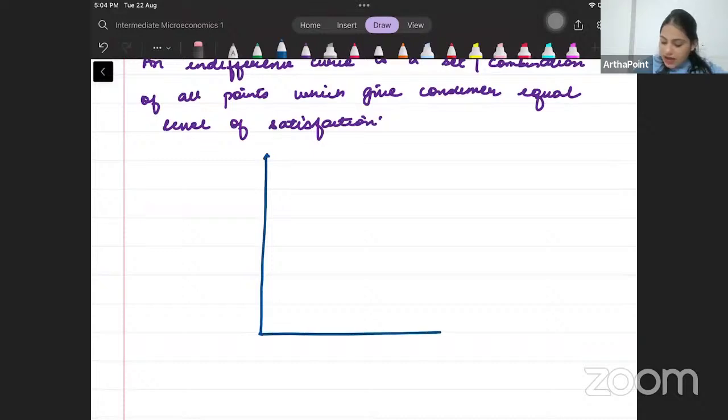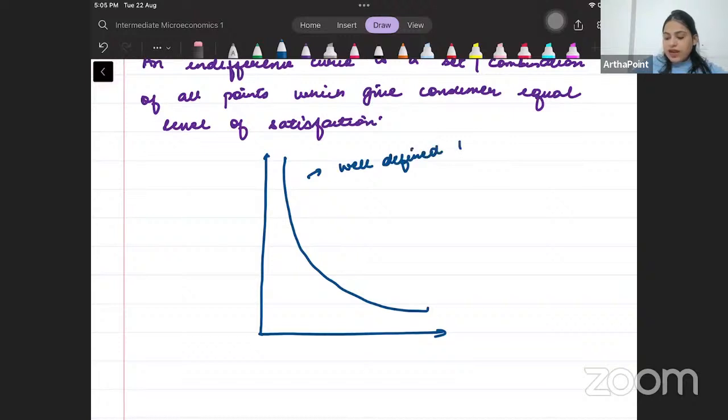Beta, the indifference curve that I'm drawing is called a well-defined indifference curve, a well-defined IC. Well-defined means it will consider all the properties. It will satisfy all the properties we are going to mention.